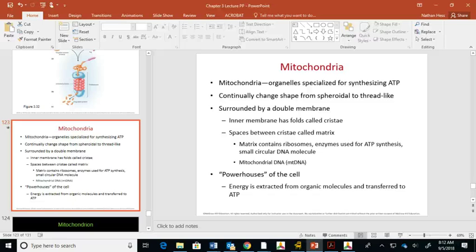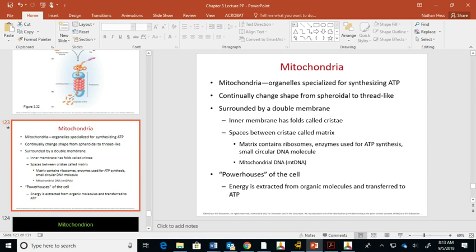Whether you're sitting here or whether you're on the volleyball court playing, different conditions, right? Whether you're sleeping, whether you've just eaten. All of these things have different demands on the cell, so they'll need different amounts of proteins, different amounts of different pieces. So those proteasomes just basically help the cell have the right proteins they need.